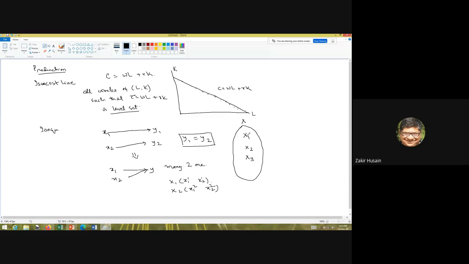So each point on this domain represents a combination of X1 and X2, the two commodities that you are purchasing. If this is the budget set, for instance, both of them are generating the same expenditure. This generates a different level. So for instance, if you consume X1 and X2, your expenditure will be 100. But if you consume X3, a different vector, your expenditure will be 110.